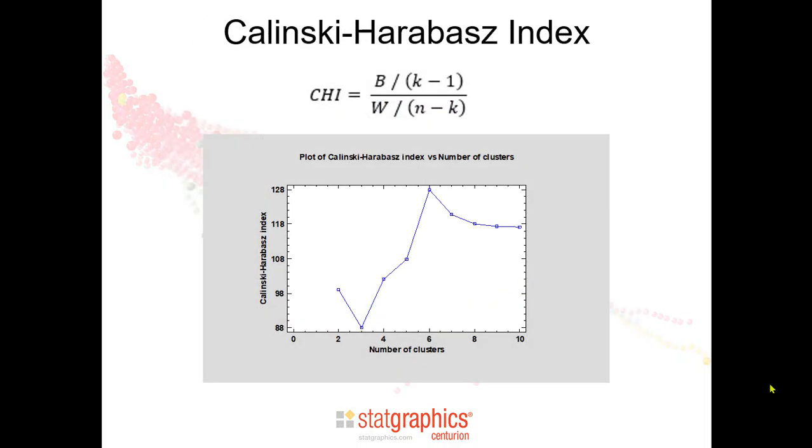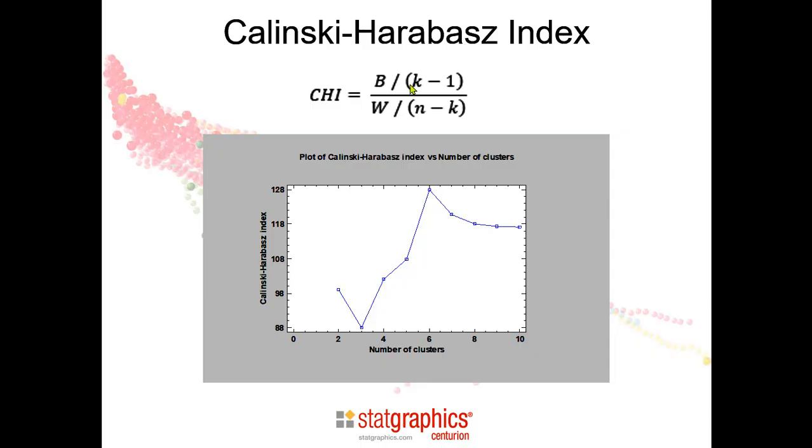The second way of determining the proper number of clusters is to look at the Calinski-Harabasz index. This index compares the between cluster sum of squares with the within cluster sum of squares.